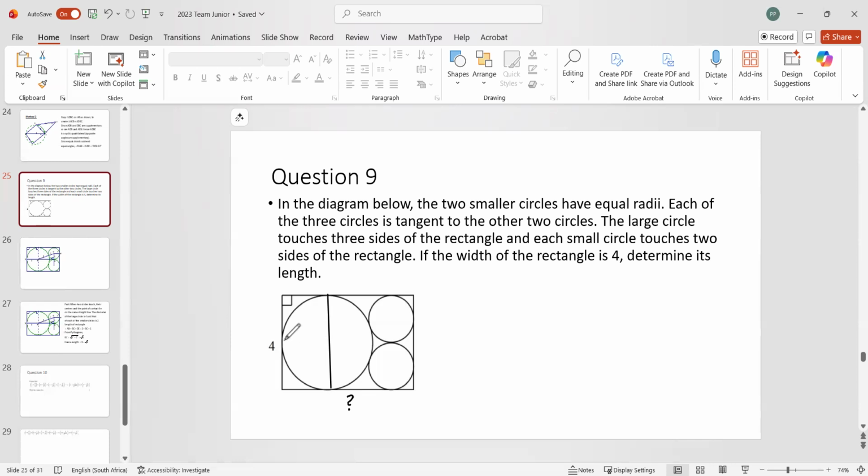Let's just draw the perpendicular on this side as well. At the point of contact, the radius is perpendicular to the tangent. So you'll have 90 degrees here, and 90 degrees here. And this is the center of the circle.